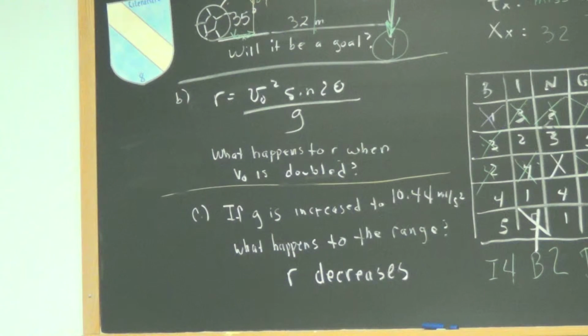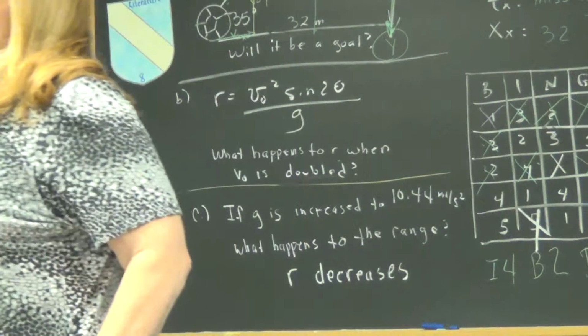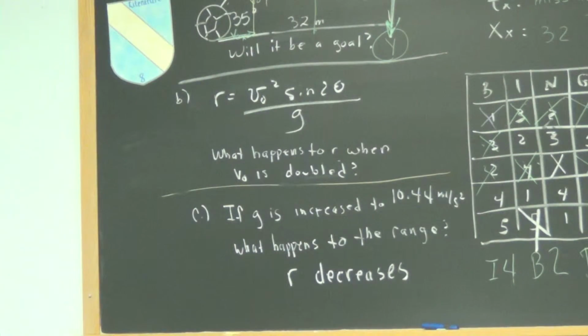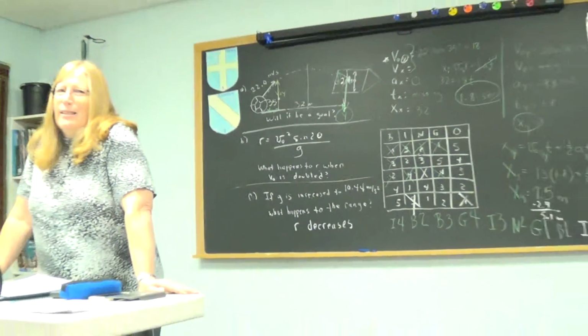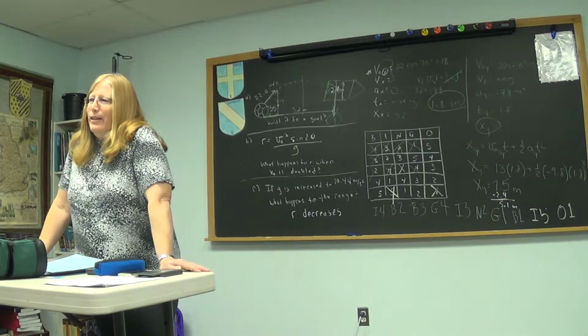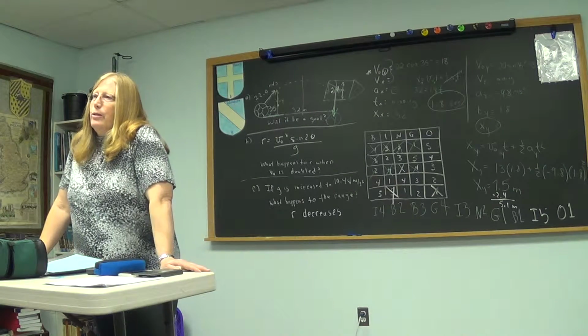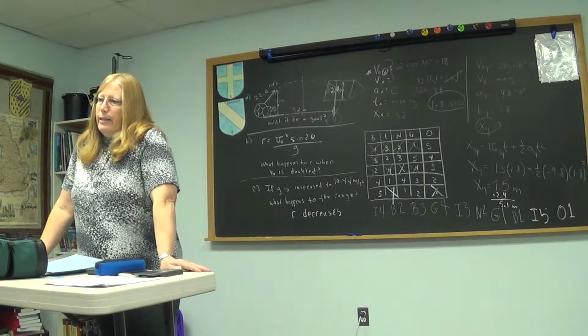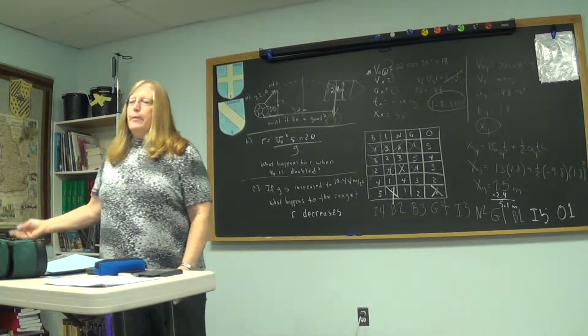Alright, tell me what happens if we go to Venus. Is Venus smaller than the Earth? Yeah. Alright, Venus is smaller. Okay, what happens if we go to Venus and we shoot our projectile?